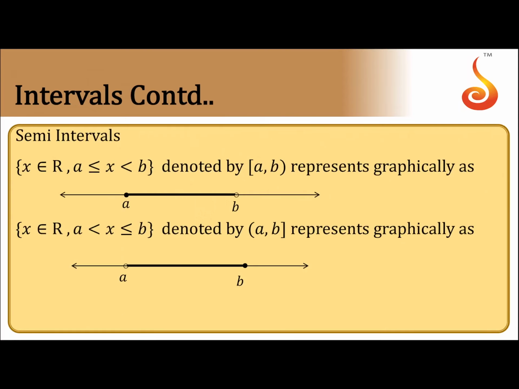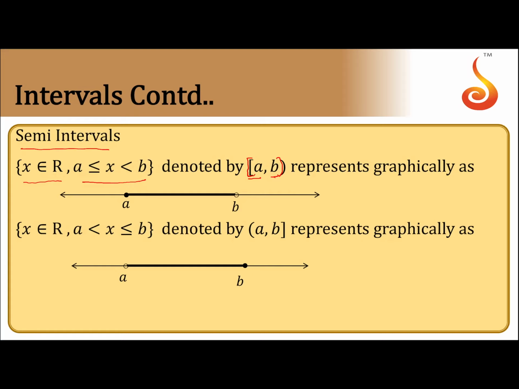And the intervals in which one of the endpoints is included and the other endpoint is not included are called semi intervals. So the set of all points between a, b including a excluding b is denoted like this.